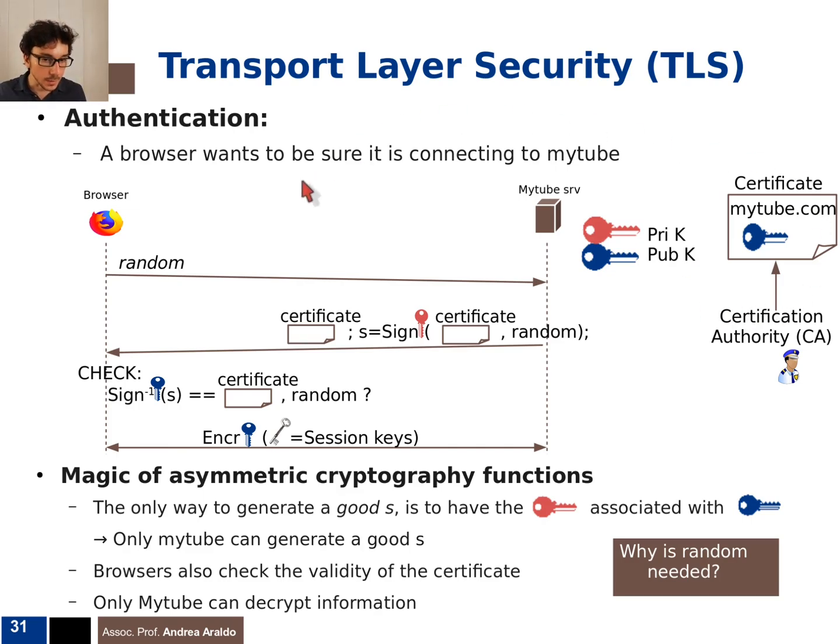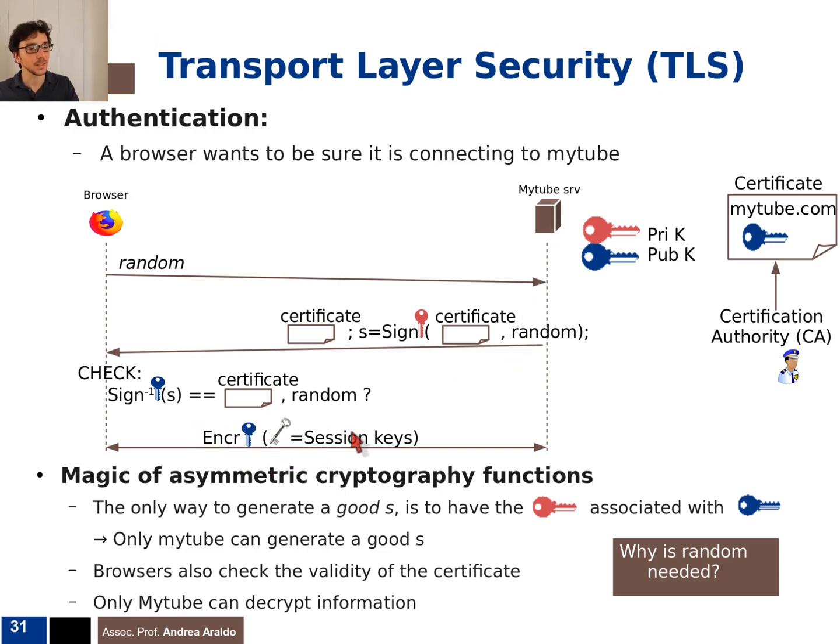I want to stress here that when you open a TLS channel, there is a first phase of authentication, which relies on asymmetric cryptography, and in which the browser just makes sure that it is talking with an actual MyTube node.